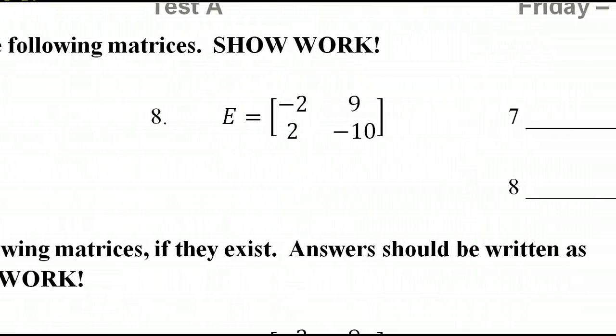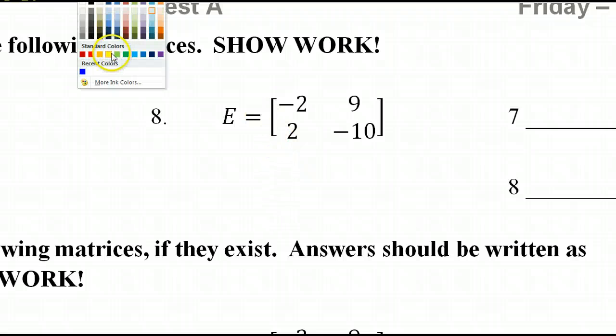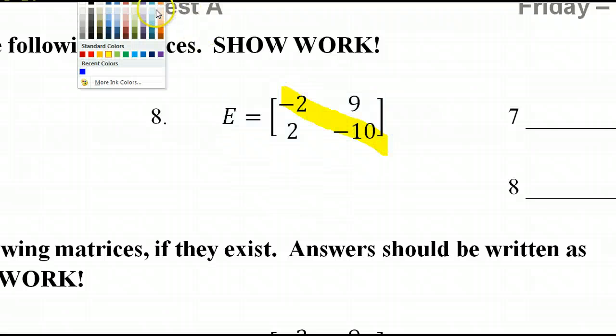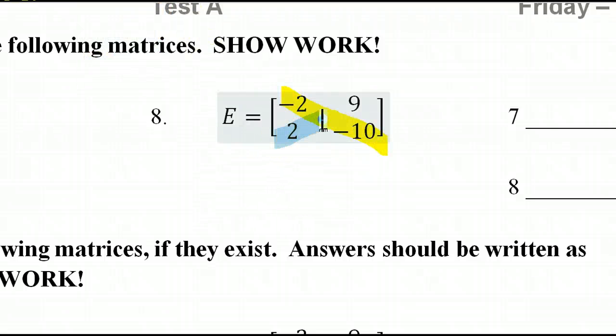Okay, now we'll do the same thing for matrix E over here. All right, again, the determinant of a 2 by 2 matrix is just the down diagonal minus the up diagonal.